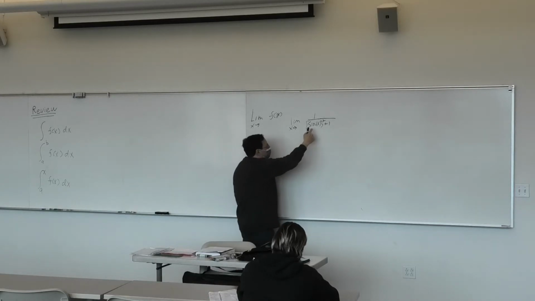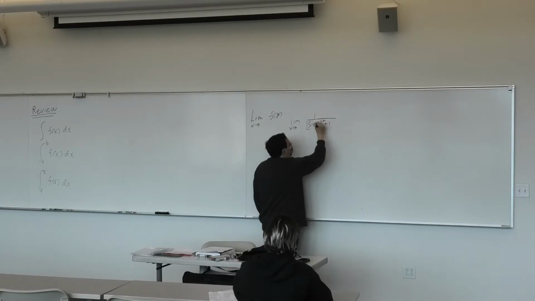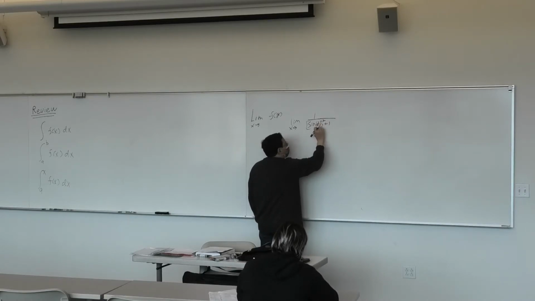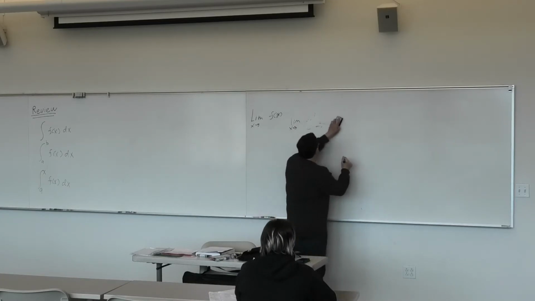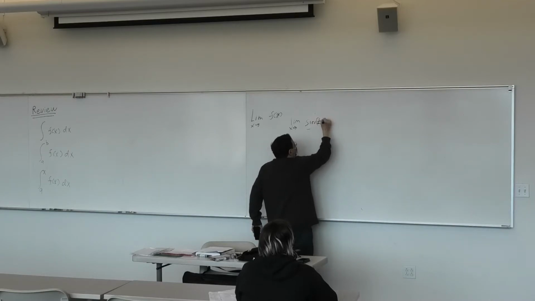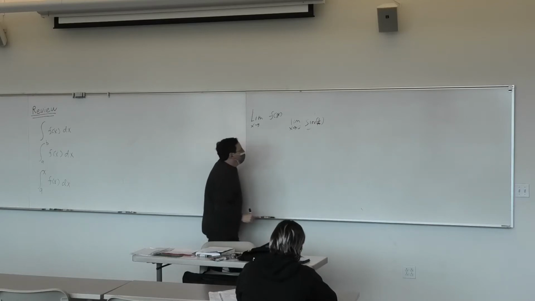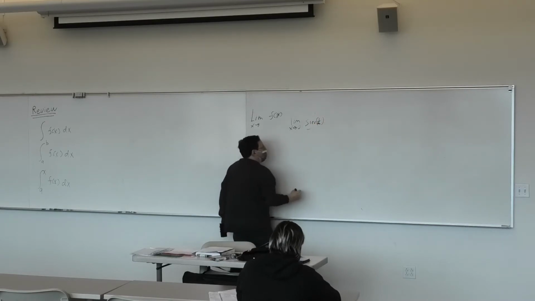The sine function is wiggling around. As 1 over x gets close to 0, x gets large and sine starts wiggling around.